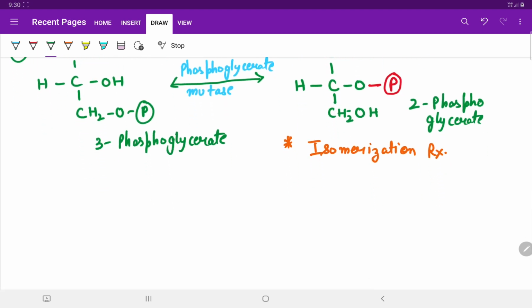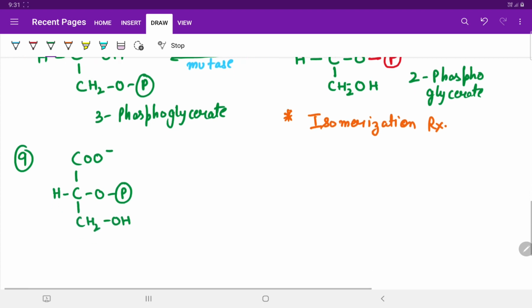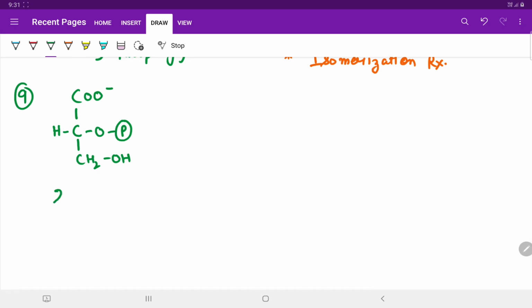Now the next reaction is conversion of 2-phosphoglycerate into phosphoenol pyruvate. This is the structure for 2-phosphoglycerate.